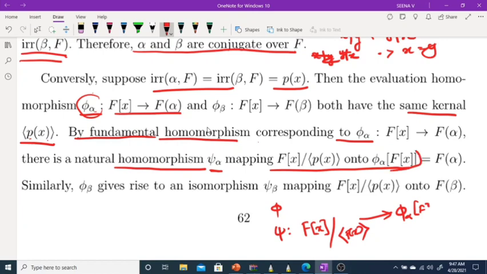And phi alpha of F[x] is the same as F(alpha), which is algebraic over F. Similarly, phi beta gives an isomorphism psi beta mapping F[x] over the ideal generated by p of x onto F(beta).